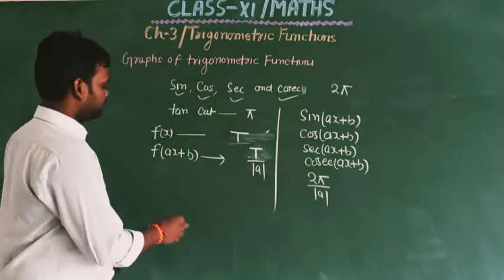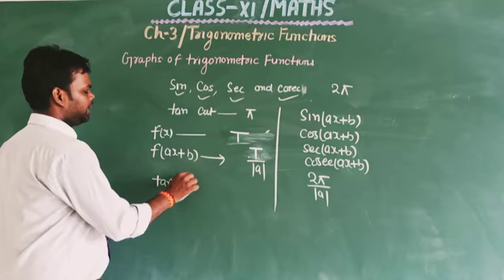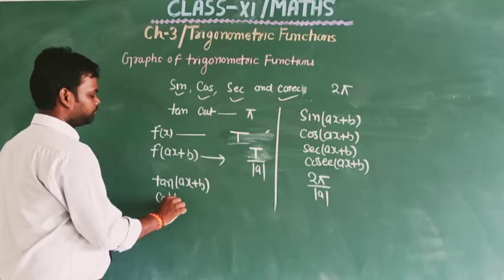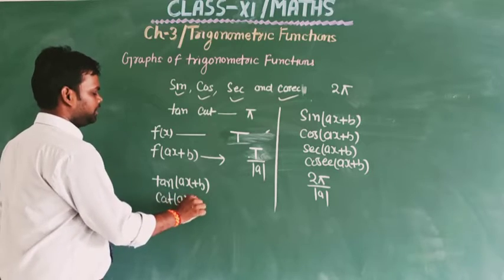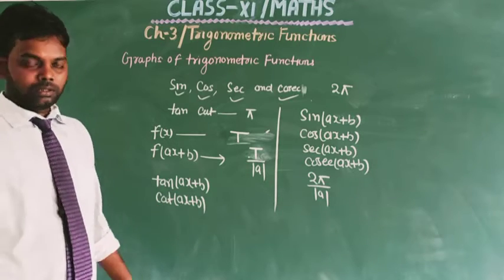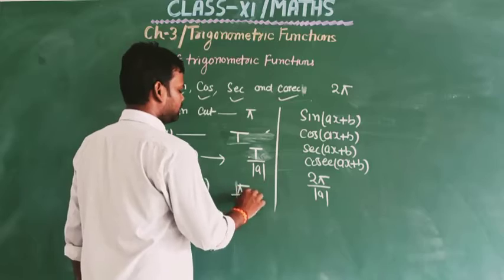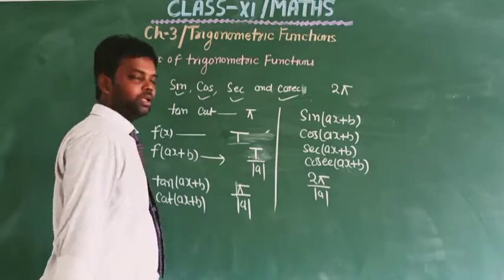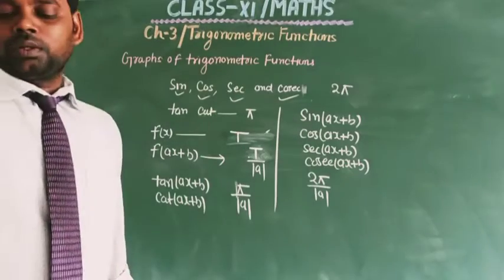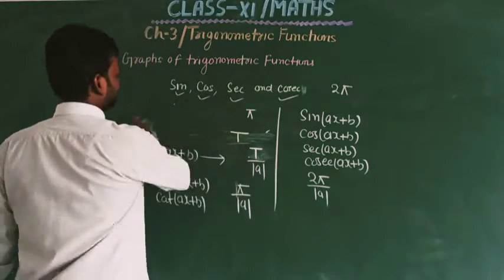And similarly, tan(ax plus b) and cot(ax plus b) are periodic functions with period pi upon mod a. Okay, remember this.